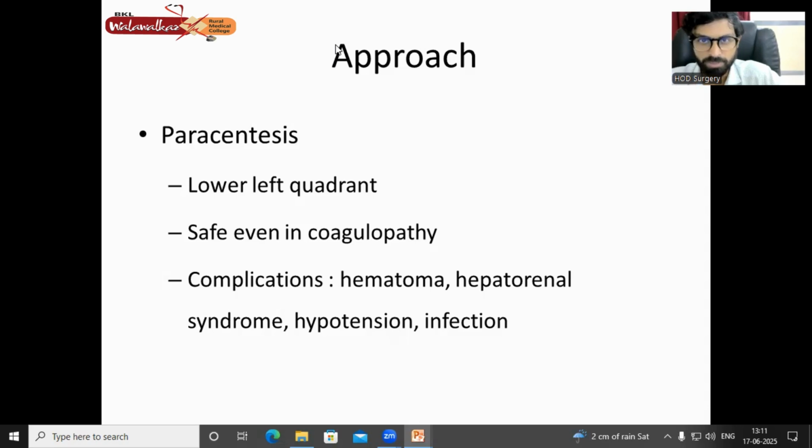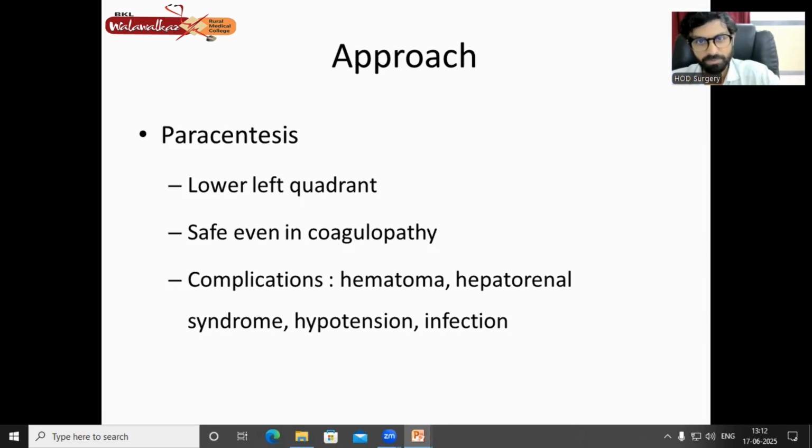So, how do we approach the patients of ascites? Firstly, we will tap the peritoneal fluid, and we will send it for certain investigations. This is called paracentesis. Paracentesis is usually done from the left lower quadrant because this space is more comfortable and has less complications.